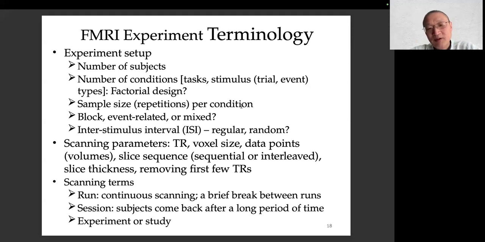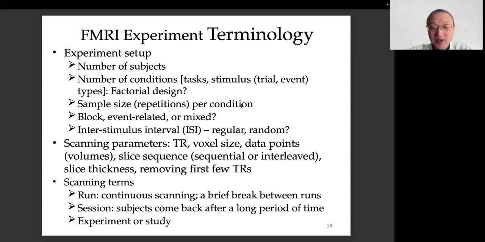Once we have decided the number of trials, there's a term called the interstimulus interval. Some people call it the intertrial interval. We have that concept because we want to randomize the sequence across tasks and jitter the intervals.